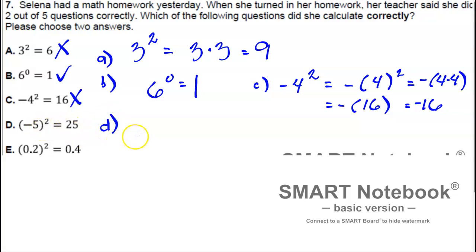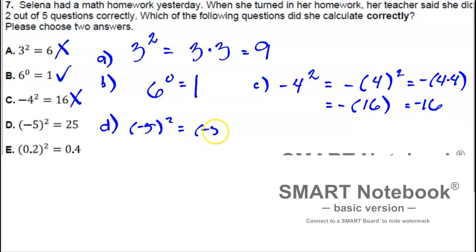Okay, let's look at D. D, we have a base with an exponent. What is the base? You know it, but you don't have the confidence or the experience. But the base is everything down here. It's the parentheses negative 5. So this is communicating to you, hey, take the base and multiply it times itself twice.